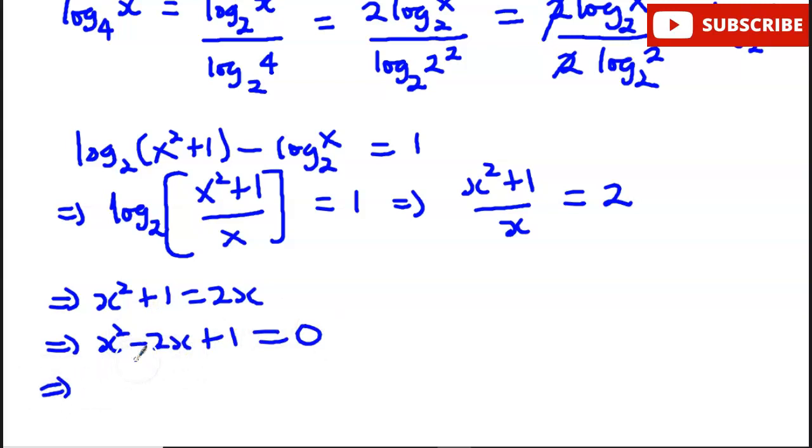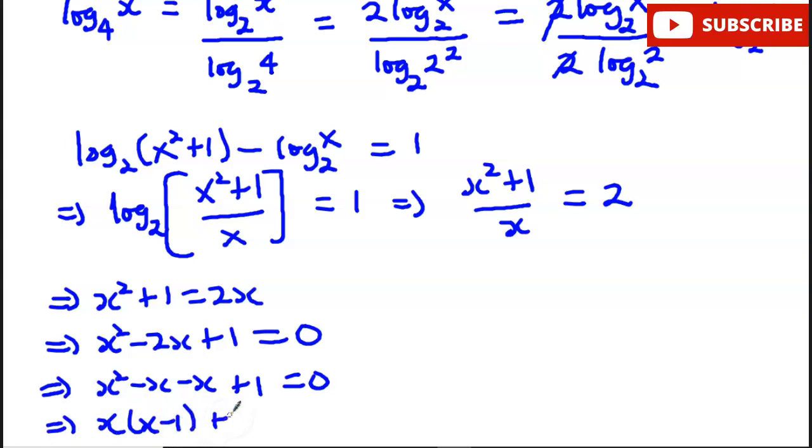To factorize it, we have x minus 1. So factorizing, we have x squared minus x minus x plus 1 is equal to 0. So x into bracket x minus 1, minus 1 into bracket x minus 1, is equal to 0.